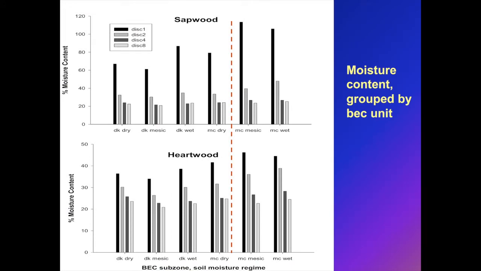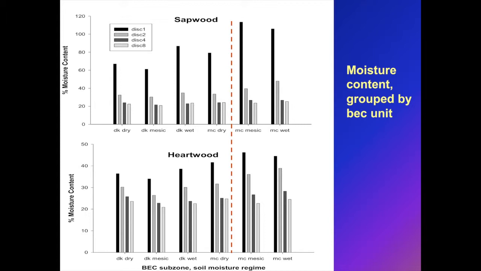When we look at the differences in moisture content of the wood that are due to different site factors, where we sampled in BC, as you saw on the map, we sampled fairly close together in terms of the dry and the mesic subzone, and we didn't find a lot of difference in the moisture content between those subzones, with the exception of, again, what's going on at the basal part of the tree.